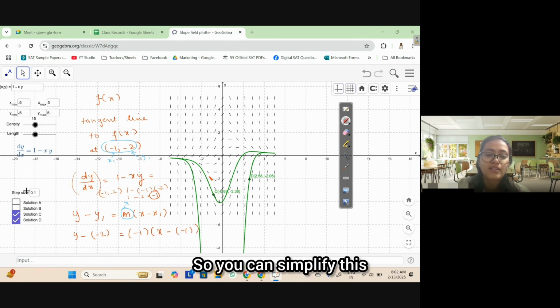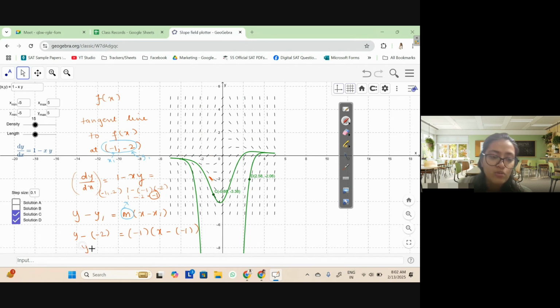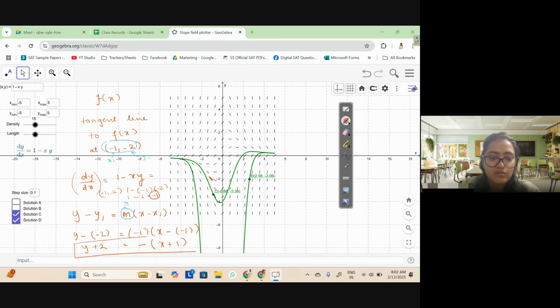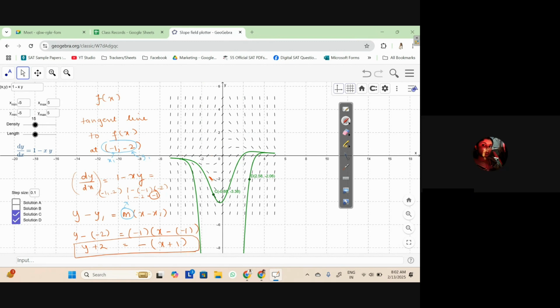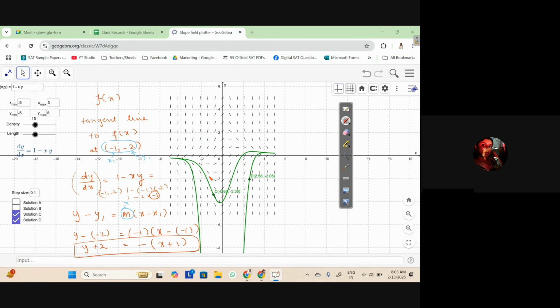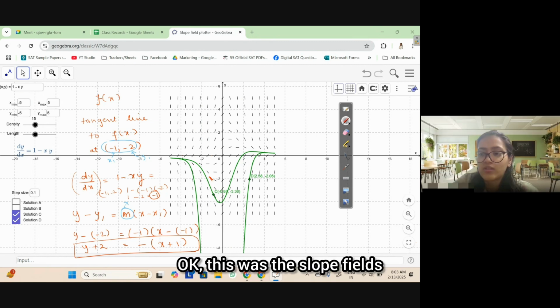So you can simplify this. This will be y plus 2 equals negative x plus 1. This is the equation of the tangent line. Okay, this was the slope fields.